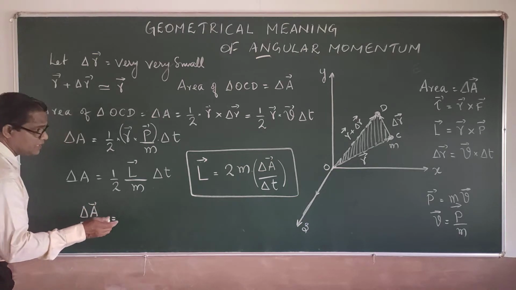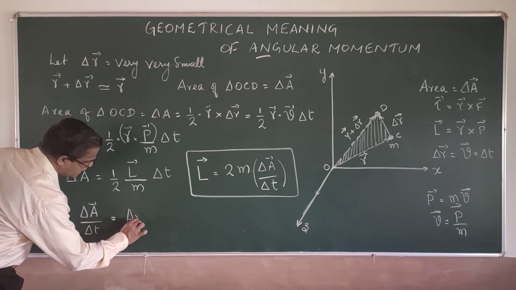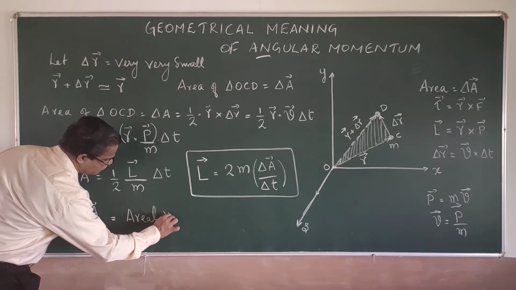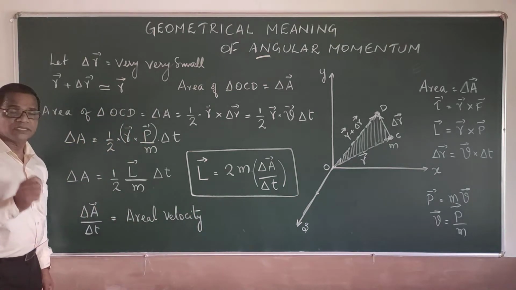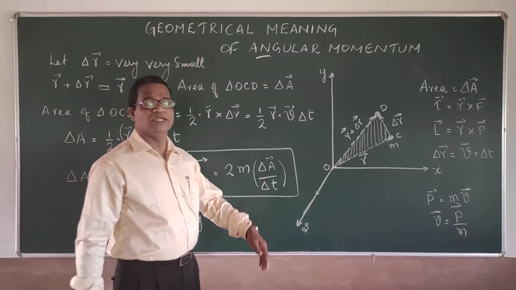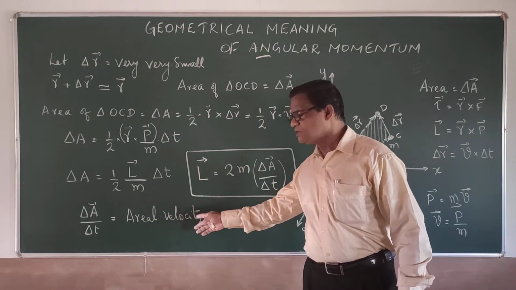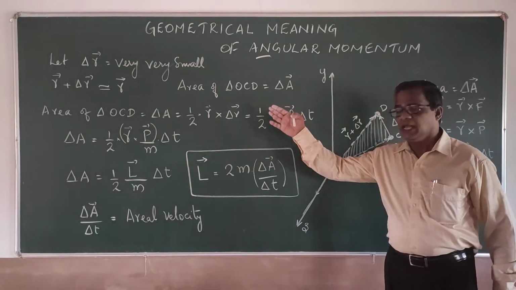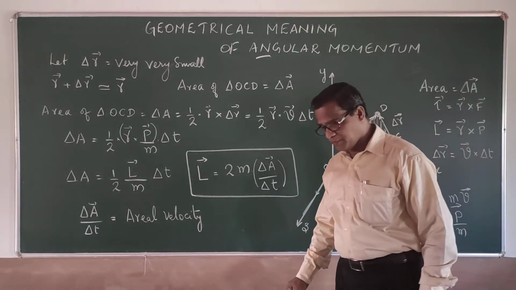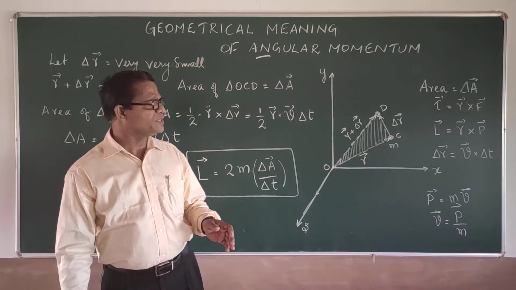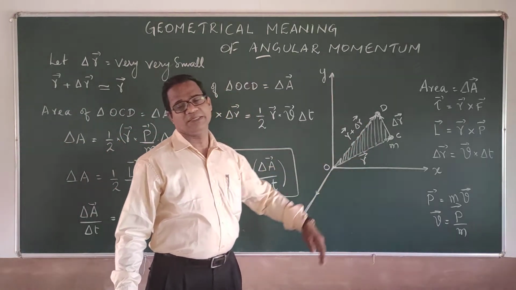That is, the rate of describing area is the areal velocity of the particle executing this rotational motion. Remember, here we are expressing the angular momentum in terms of a geometrical shape, that is, a triangle.